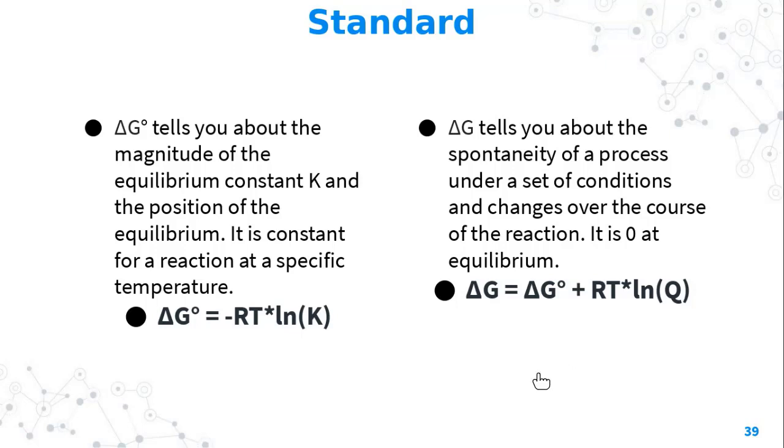Delta G naught is more used to find K, but you can use it to find spontaneity at standard conditions. Regular delta G is for non-standard conditions, a different set of conditions.